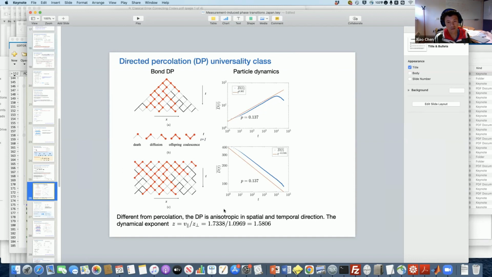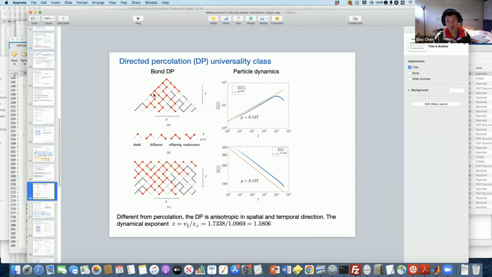Directed percolation seems to be more complicated than that. It's not a CFT first, because it is anisotropic in spatial and temporal direction. So the dynamic exponent z is not equal to 1 here. Imagine, using some cartoon picture, that we can create some clusters in this directed percolation, meaning that at a critical point, those clusters are not isotropic in the spatial and temporal direction.